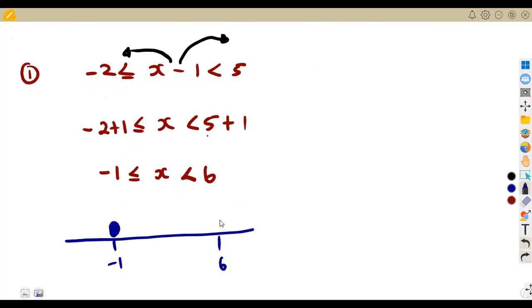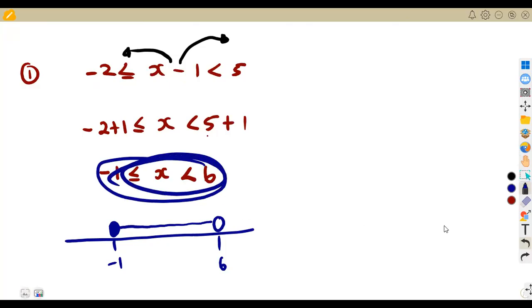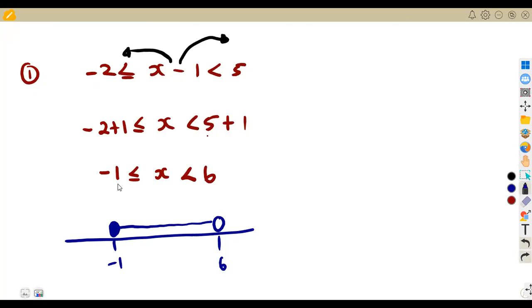At 6, we do not have that, so we just indicate a circle that is not shaded. Then we join. The values are within, like I said, it's a boundary. You just join within these two points. That's where your x values are found.